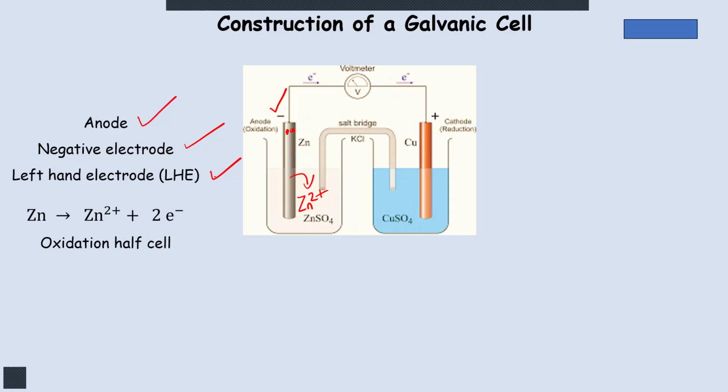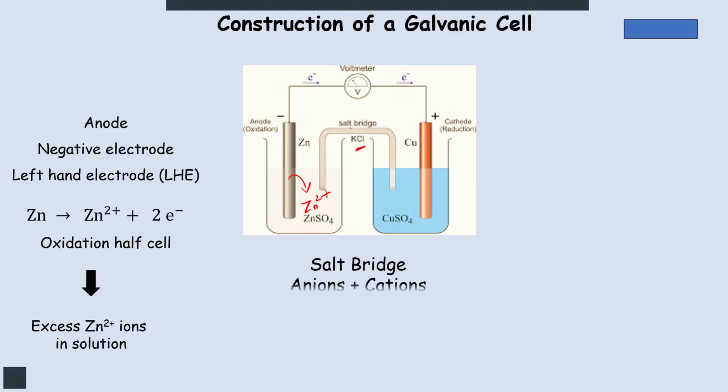Okay, so now what is happening in the solution? Since zinc atoms from the zinc rod lose electrons and come into solution as zinc 2 plus ions, in the solution there will be excess zinc 2 plus ions, or excess positive charge. The excess positive charge in the solution is balanced by supply of negative ions such as chloride ions from the salt bridge.